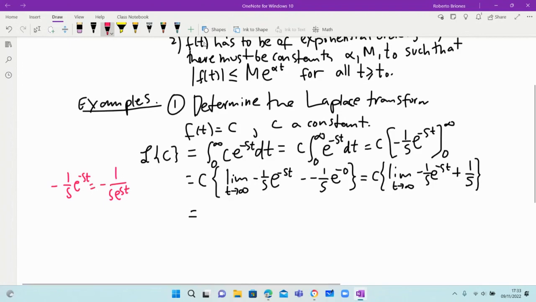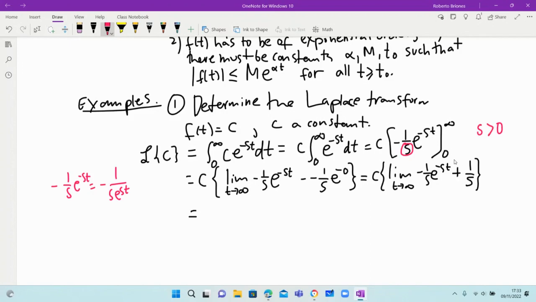Now we need to impose some kind of condition on the values of s. In particular, s should not be equal to 0 because the s here will be located in the denominator of the fraction. And furthermore, because it is the coefficient of the power of e, and we have a negative sign in front of the st, we have to make sure that the value of s is positive.